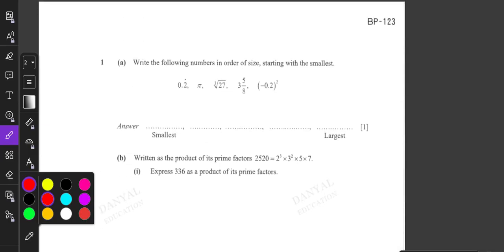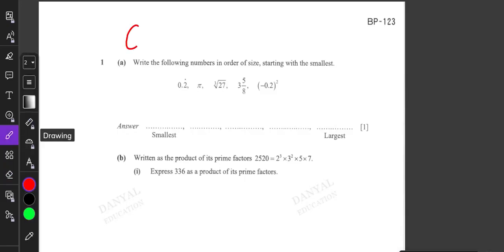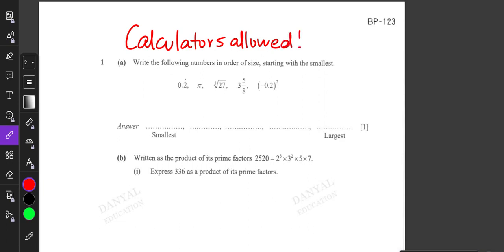It says here, write the following numbers in order of size starting with the smallest. This one you are allowed to use calculator. In secondary school, for all questions calculators are allowed.